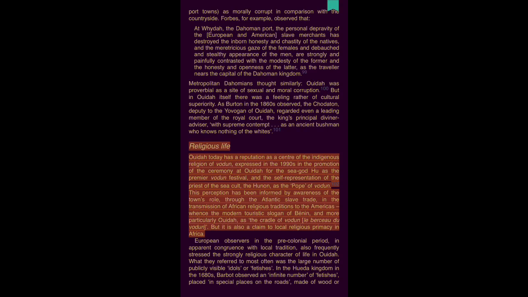So when we look at the religious life of Whydah, it says today has a reputation as a center of the indigenous religion of Voodoo, expressed in the 1990s in the promotion of the ceremony of Whydah for the Sea God Hu as the premier Voodoo festival, and the self-representation of the priest of the sea cult, the Hunon, as the Pope of Voodoo.